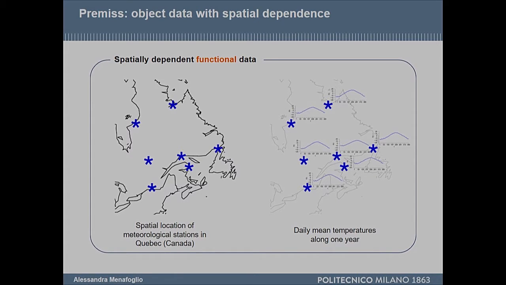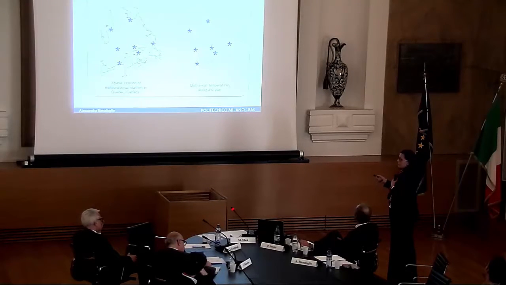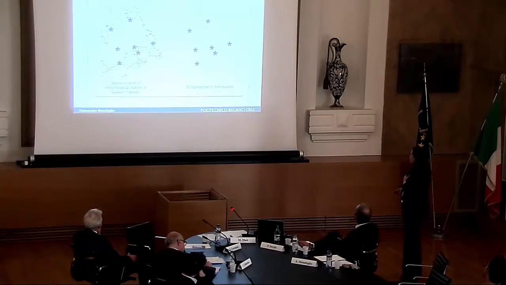At these locations, we may observe functional data, so data that are themselves functions. So we deal with a bunch of functions, of curves, that are spatially dependent because of their locations. For instance, imagine this. These are daily mean temperatures along the year. And so in this case, we might be interested in studying how the temperatures vary in space.